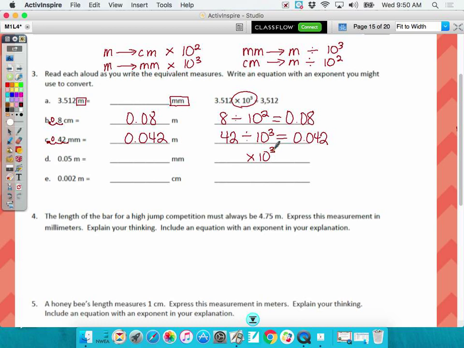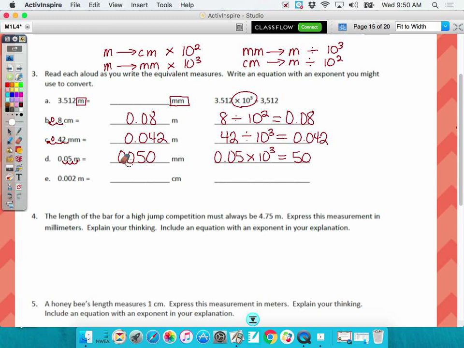Multiply by 10 to the 3rd. Now I'm going to write 500ths and multiply by 10 to the 3rd. How many place values? 3. So I'm going to end up with 0050. What number is that? 50. I don't need the zeros in front.